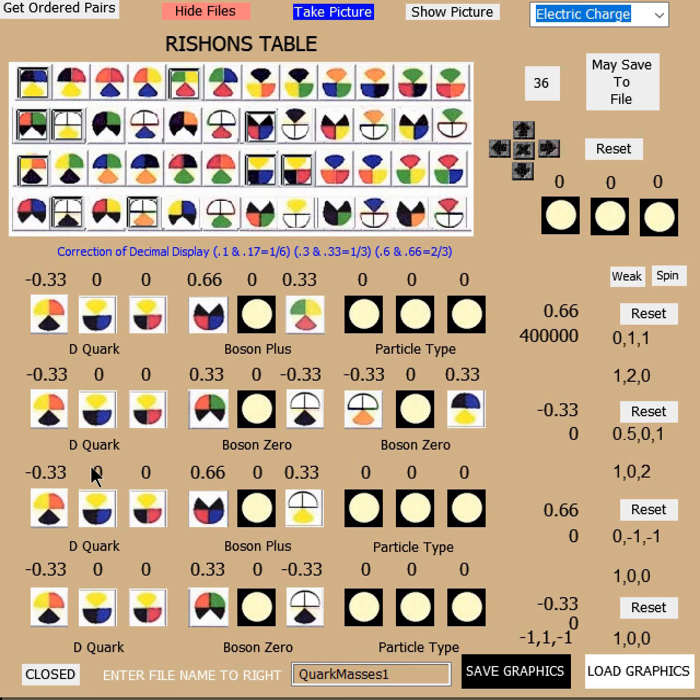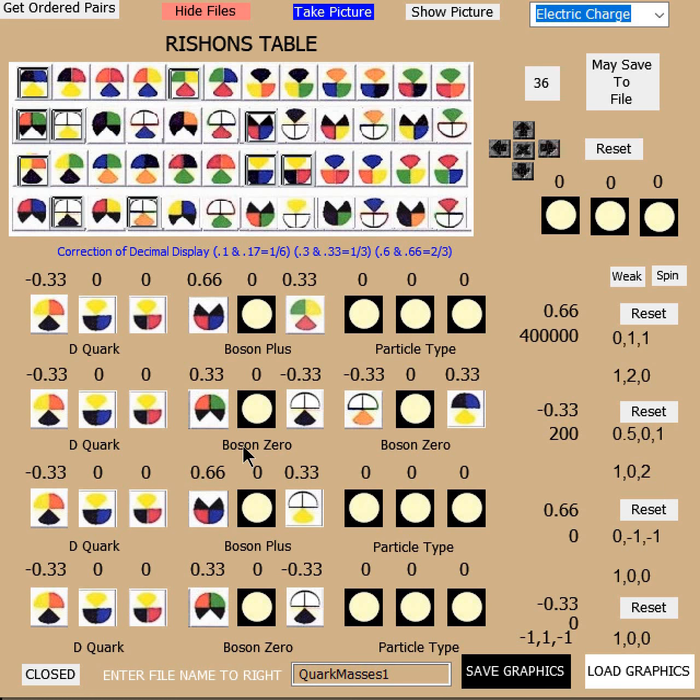So now, here we have a B or bottom quark. We again have a generic D, which just gives us a mass of 200. And then we have a boson 0. This boson 0, though, is in a system that has a total combinatorial value of 3, not 1.